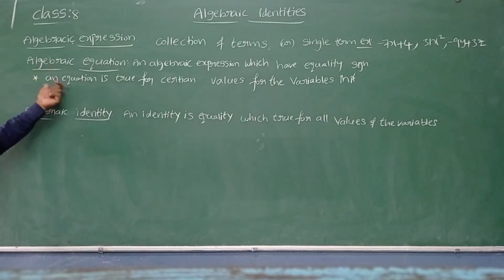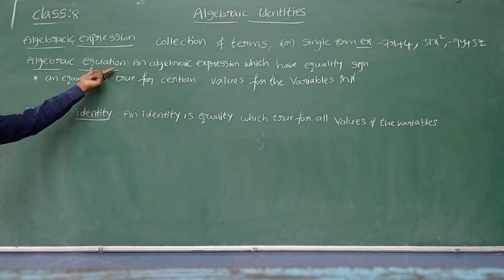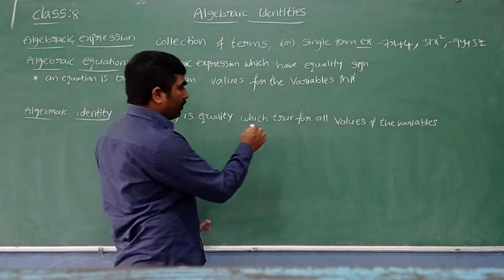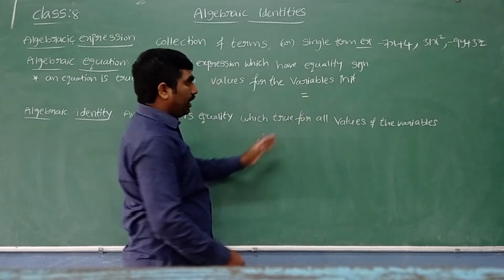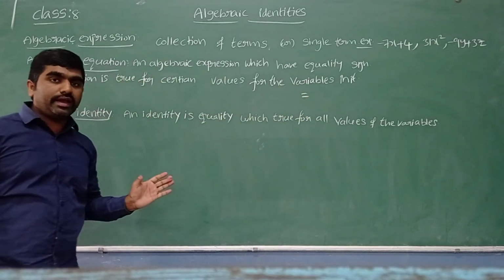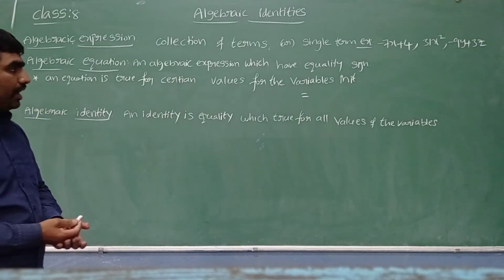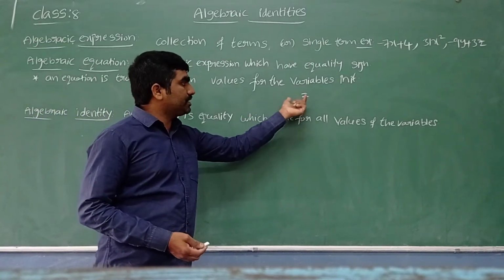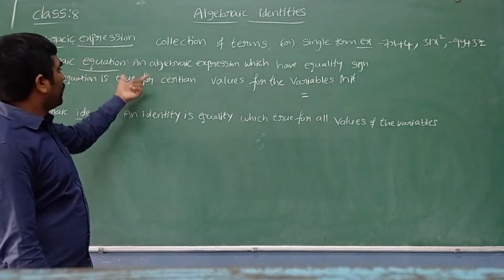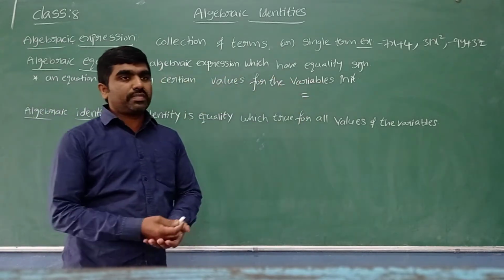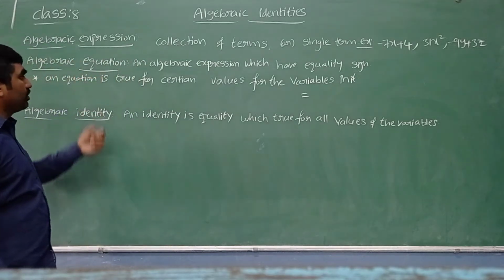Sir, what is an algebraic equation? An equation is one which contains an equality sign, I mean an equality symbol. Before the equality symbol we call it the LHS part, and after the equality, the right hand side part, RHS. An algebraic expression which has an equality symbol is called an algebraic equation.